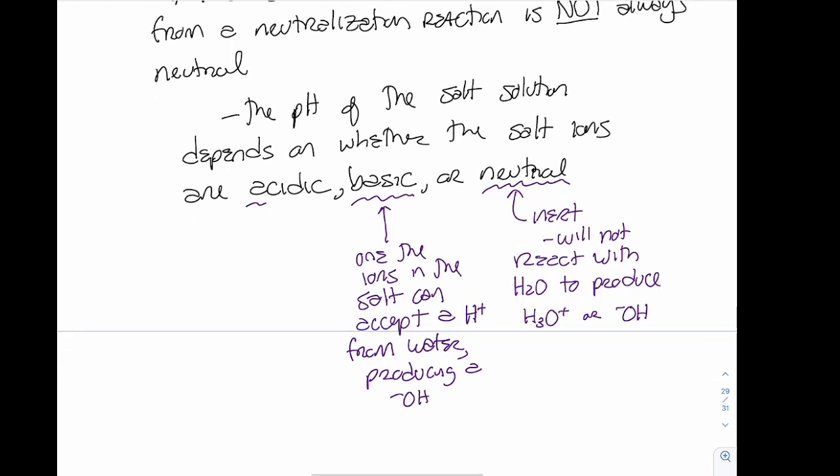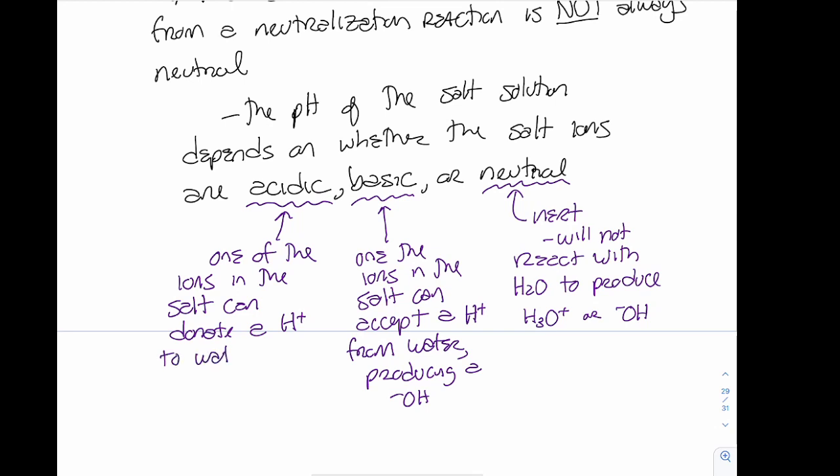And then if my salt solution is acidic, one of the ions in the salt can donate a proton to water, producing a hydronium ion plus the conjugate base. So we really just need to look at our salt.